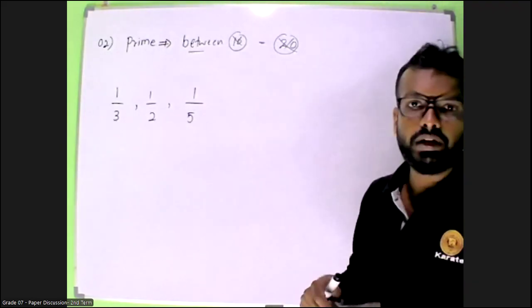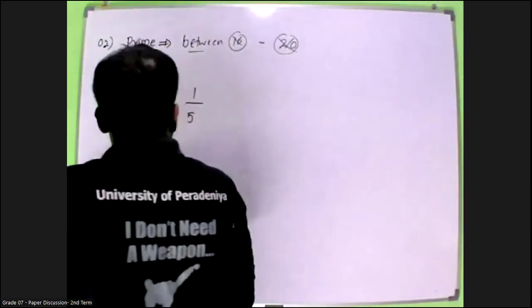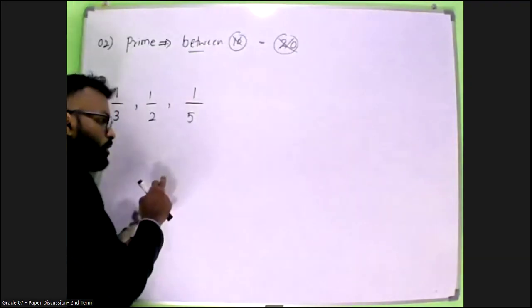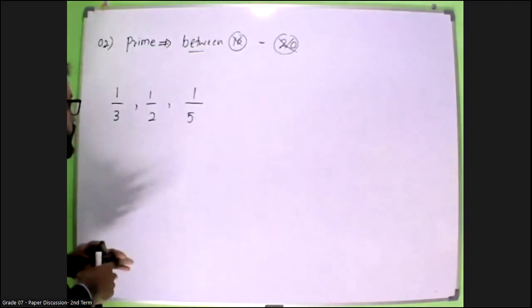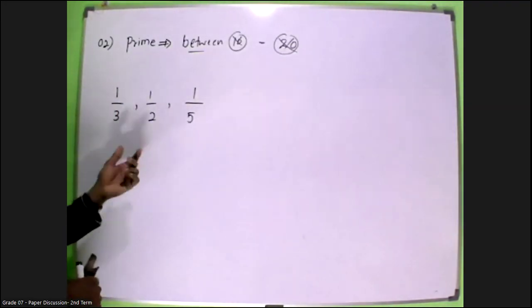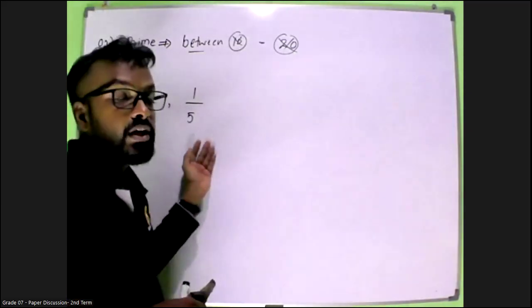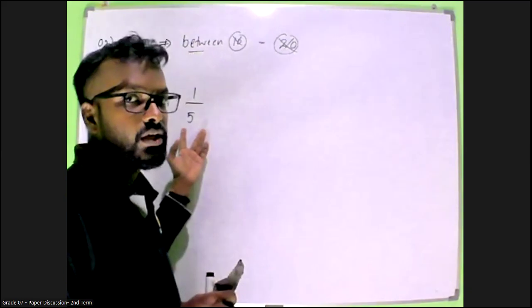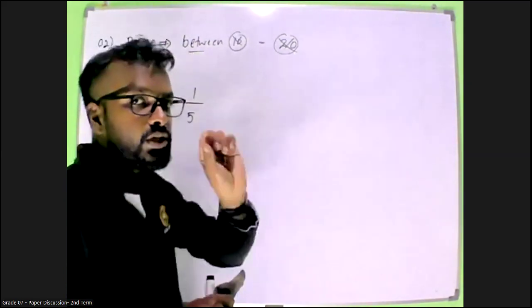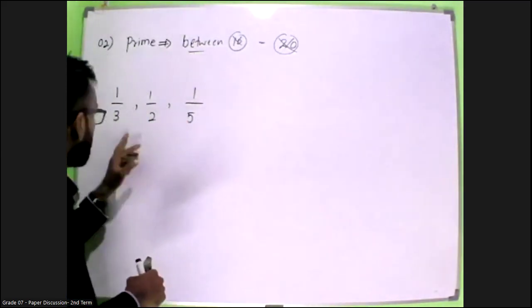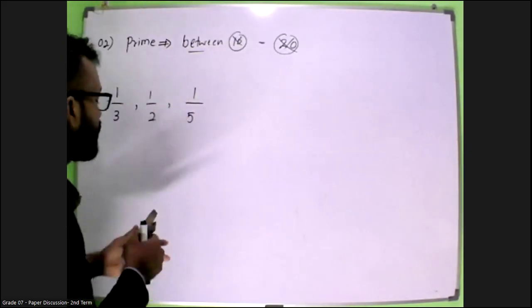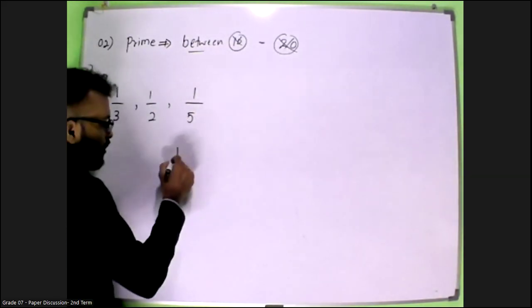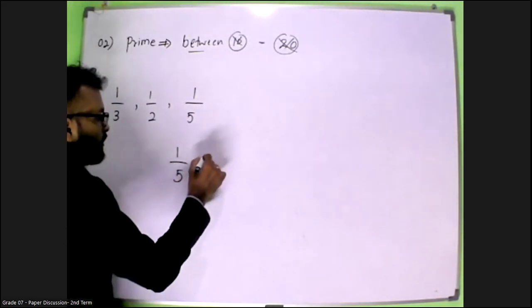You know how to do that: ascending order means smallest to biggest. So what would be the smallest fraction here? The fraction having the biggest denominator will be the smallest fraction. So the smallest fraction will be 1 upon 5.